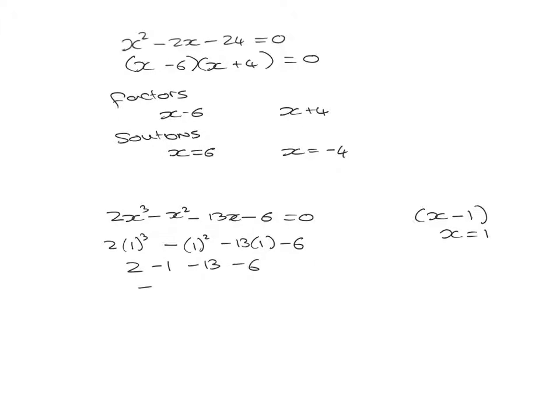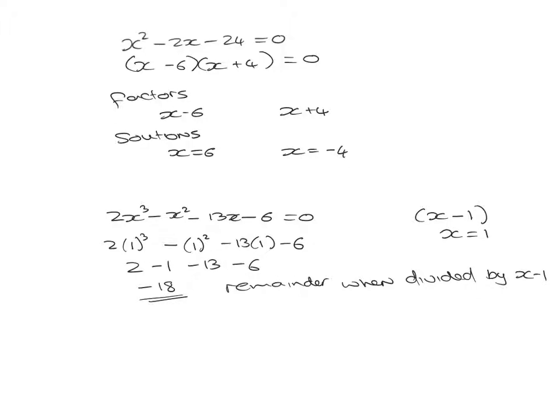So that's going to give you negative 18. What that negative 18 means is that is the remainder when the original expression is divided by x minus 1. Because it has a remainder that's not 0, we know that x minus 1 is not a factor.